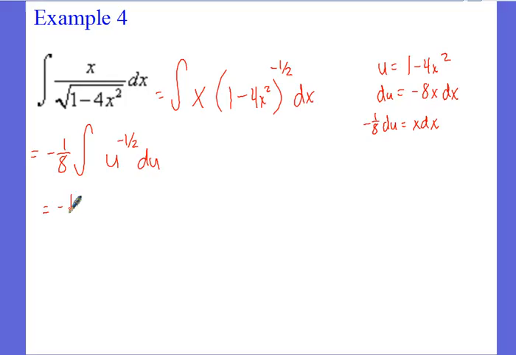So that negative 1/8 is going to chill for a little bit, and then I know I'm going to multiply it by my integral. What do I do to integrate this one? It's going to become u to the 1/2, and then I'm going to counter it with a 2, right? Plus C. And then now, simplify.